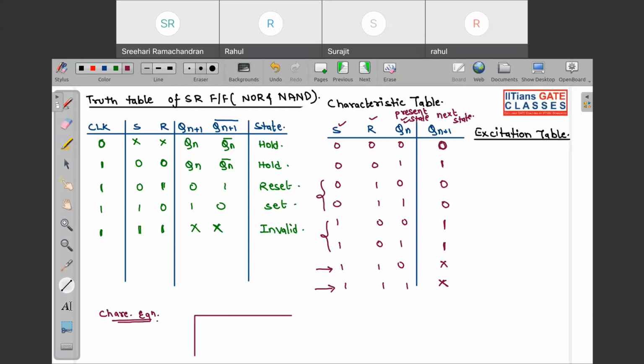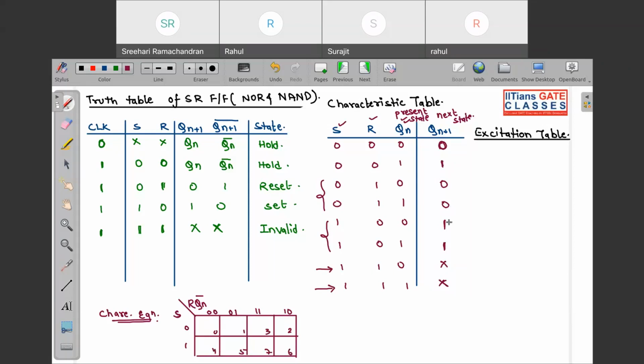So if we make a K map, directly also we could have written, but it's okay. So look at the places where it is 1.